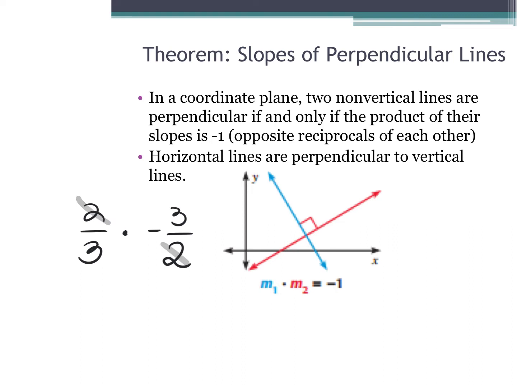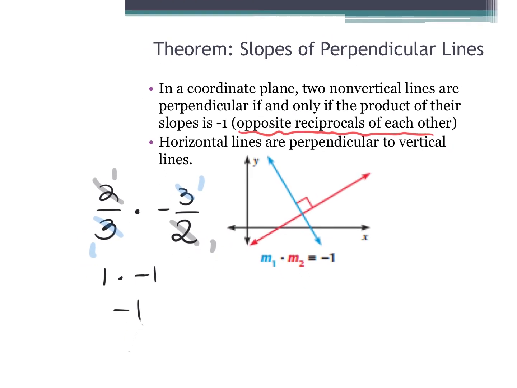So if you notice, I could simplify diagonally here, change all these to 1s, and now you're left with 1 times -1, and notice the product is -1. Now, you don't need to worry about the fact that the product is -1. Just know that perpendicular lines always have opposite reciprocal slopes.